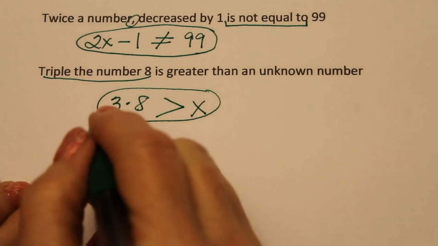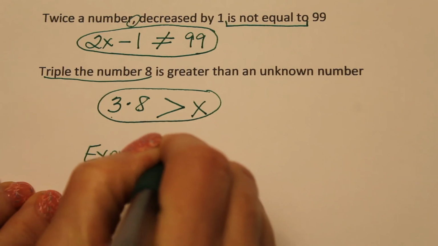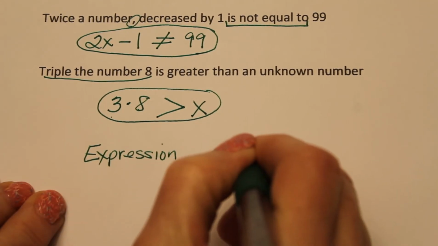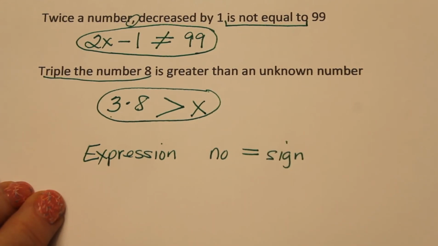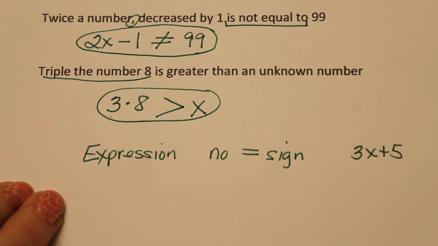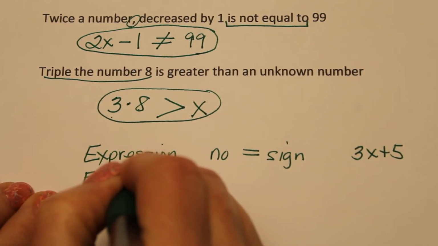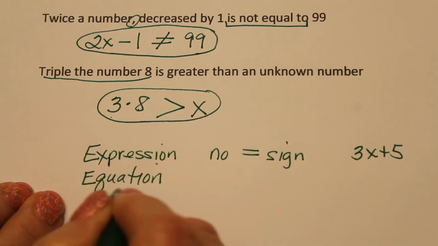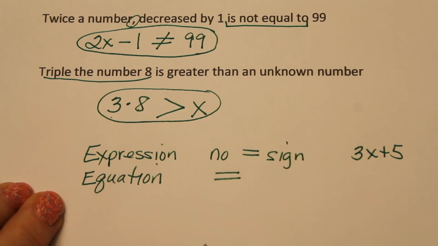And so let's just write here a mathematical expression. There is no equal sign. So an example would be 3x plus 5. That is an expression. An equation, you can almost see it, the word equal is almost in there, does have an equal sign.